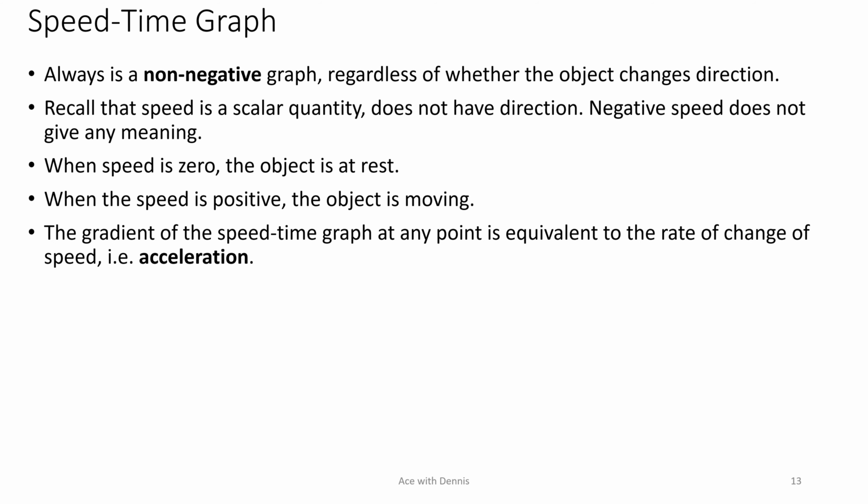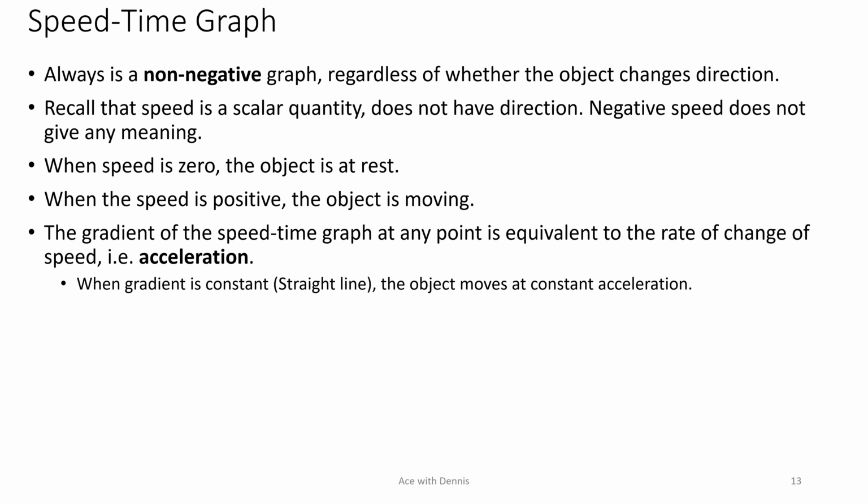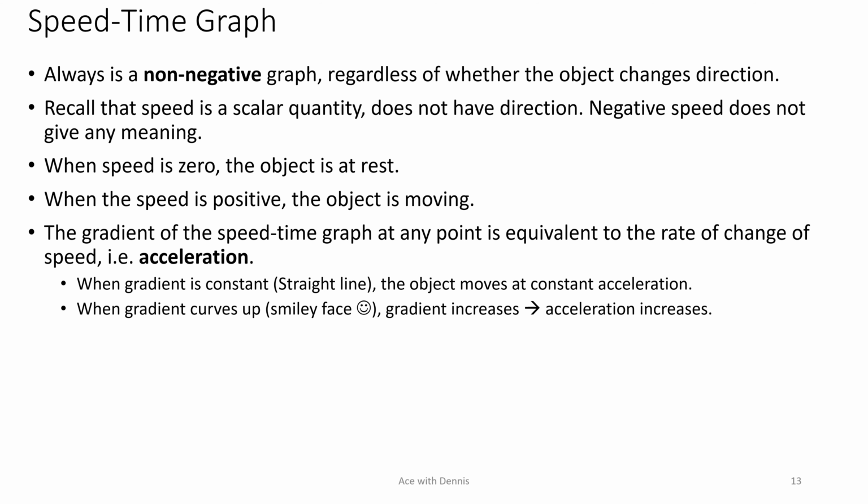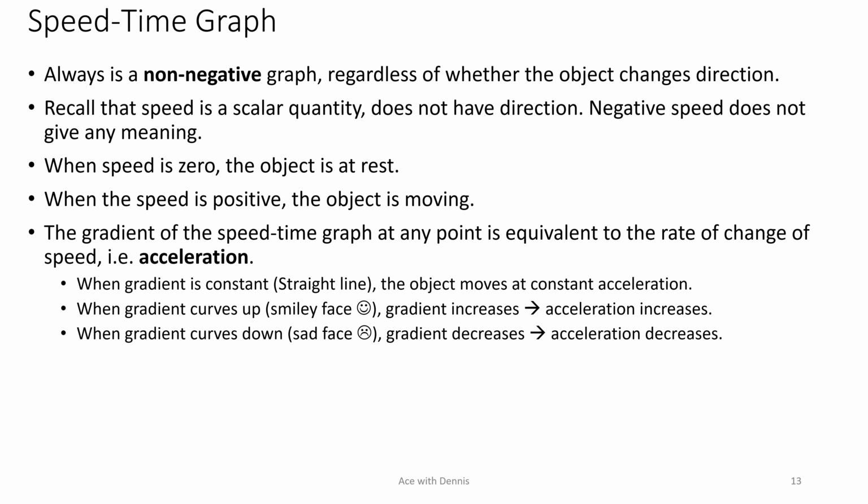The gradient of the speed time graph at any point is equivalent to the rate of change of the speed, which is acceleration. When the gradient is constant or a straight line, the object moves at constant acceleration. When the gradient curves up or a smiley face, the gradient increases, which means acceleration increases.